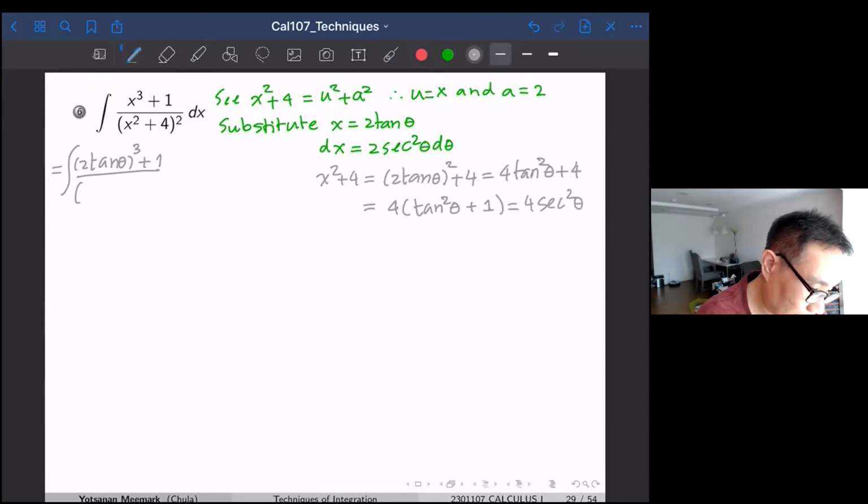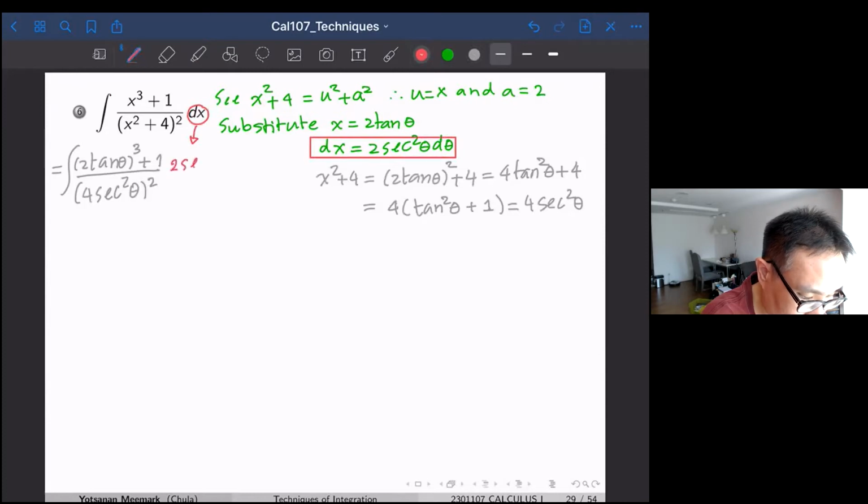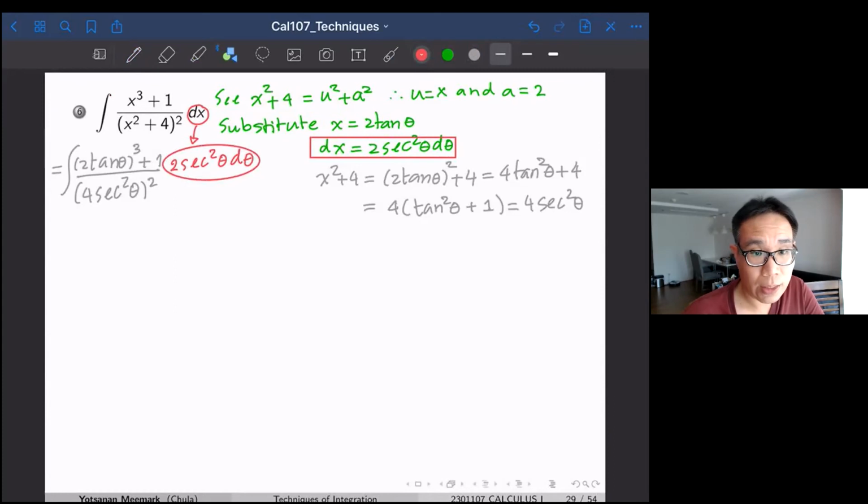So you get 4 sec squared theta, squared. And finally for dx, dx equal to 2 sec squared theta d theta.